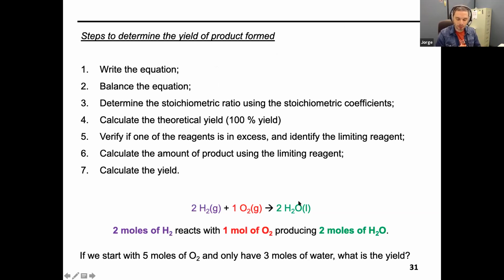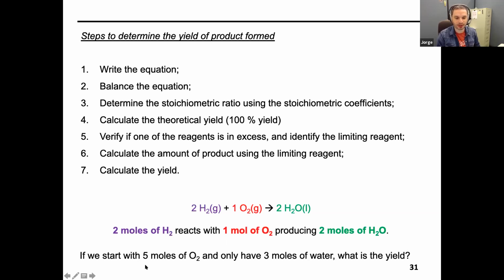Okay, so it's not hard, but it requires a lot of practice, okay, to master stoichiometry. So let's see this case that we have to handle here.